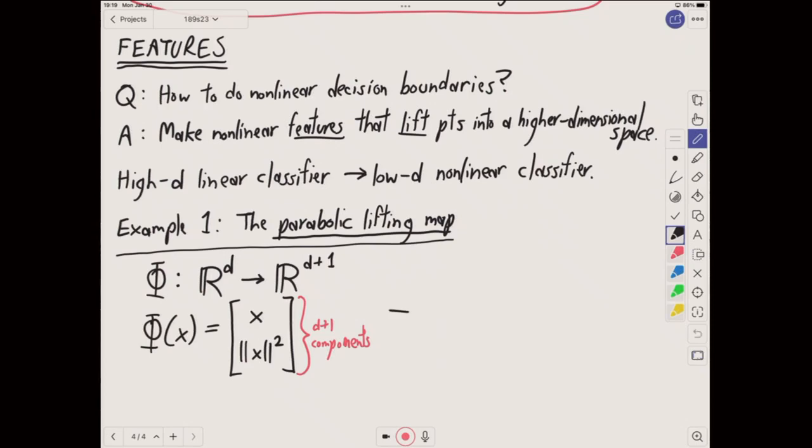And so we say that this lifts x onto a paraboloid. We can write the equation for that paraboloid by saying that the d plus 1 dimensional feature is equal to the length of the original vector x squared.